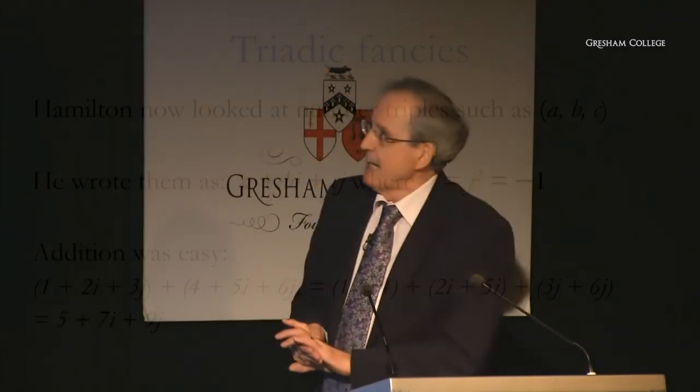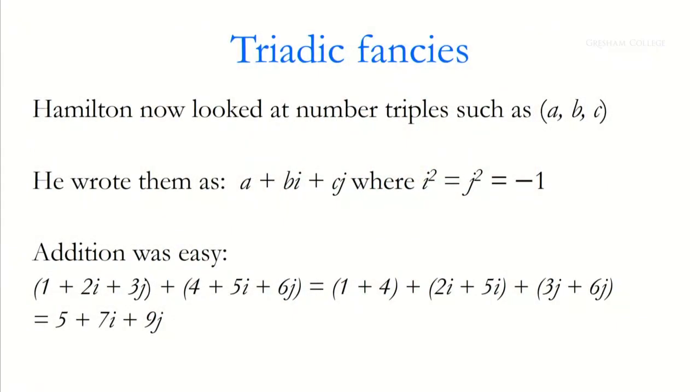He wrote them as a plus bi plus cj, where i squared is j squared is minus 1.